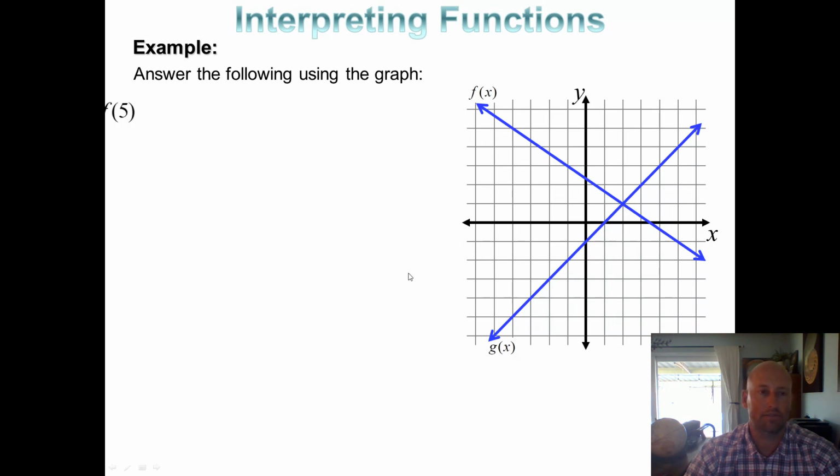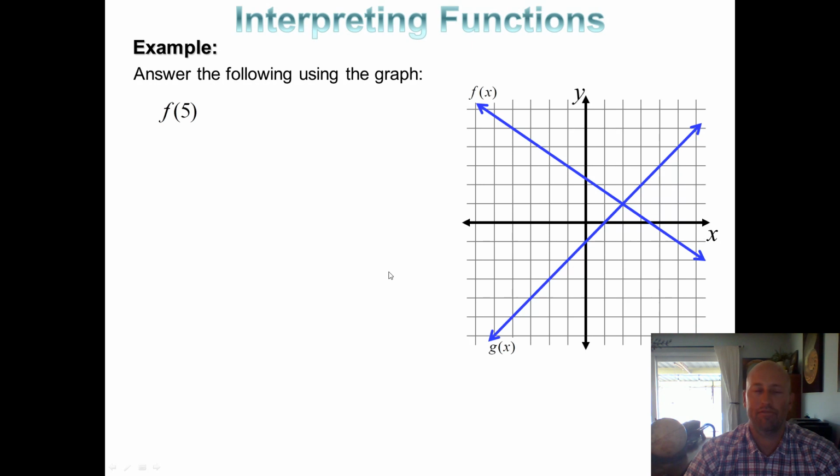So let's look at some examples. The first thing is to find f of 5. We're going to look at my line f, and we're going to go to 5, which is my x value. Basically this is saying give me the y value when your x value is 5 for the line f. So I'm going to go 1, 2, 3, 4, 5, and then go to the line f, which is down here.